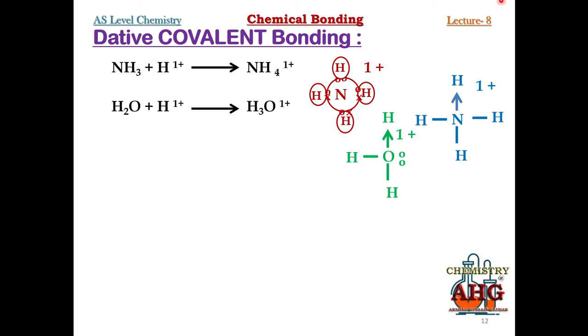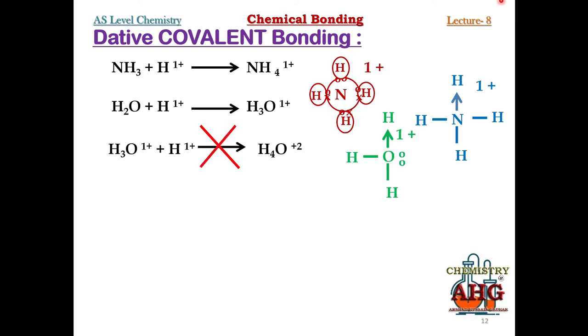Now one more thing, remember, although oxygen in hydronium ion has 1 more lone pair, if we provide more H ion to hydronium ion, this reaction in which 1 more H ion comes and tries to make dative covalent bond with hydronium ion is not possible.